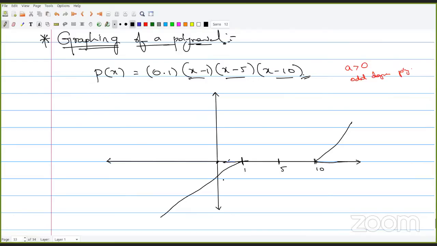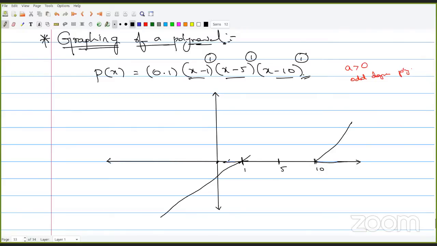Now in between, how we draw is, if the multiplicity of that particular root is odd, then we cut the x-axis and go to the other side. If the multiplicity of that root is even, we bounce. What do you mean by multiplicity, sir? Here, the power.